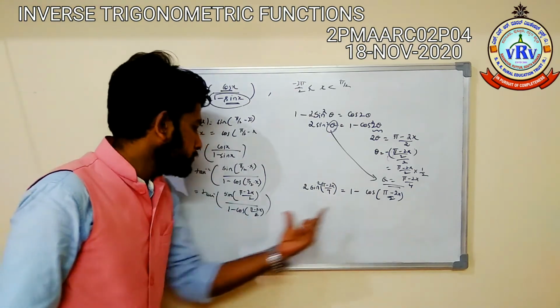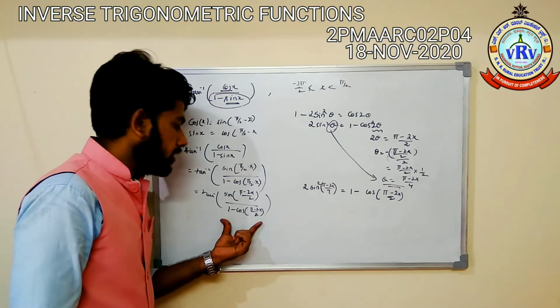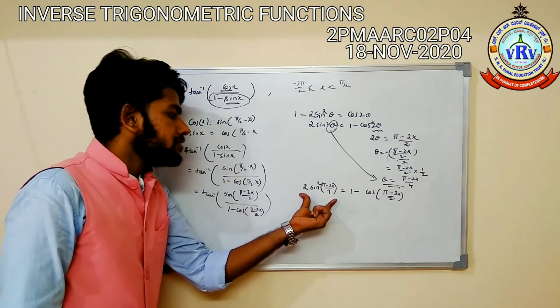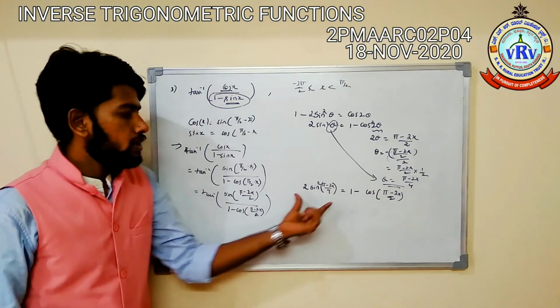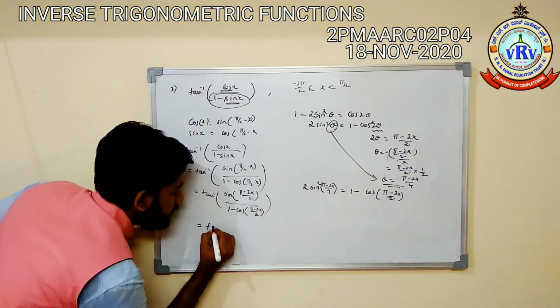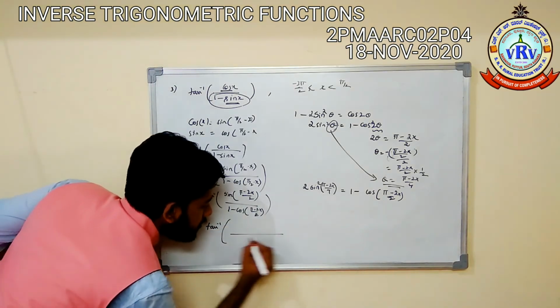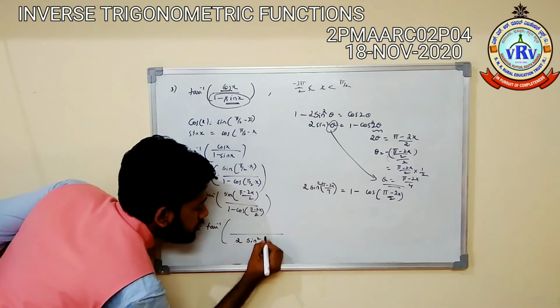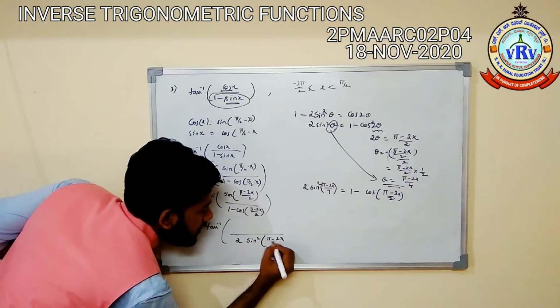So the entire expression in the denominator can be written as 2 into sine square of (pi minus 2x) by 4.